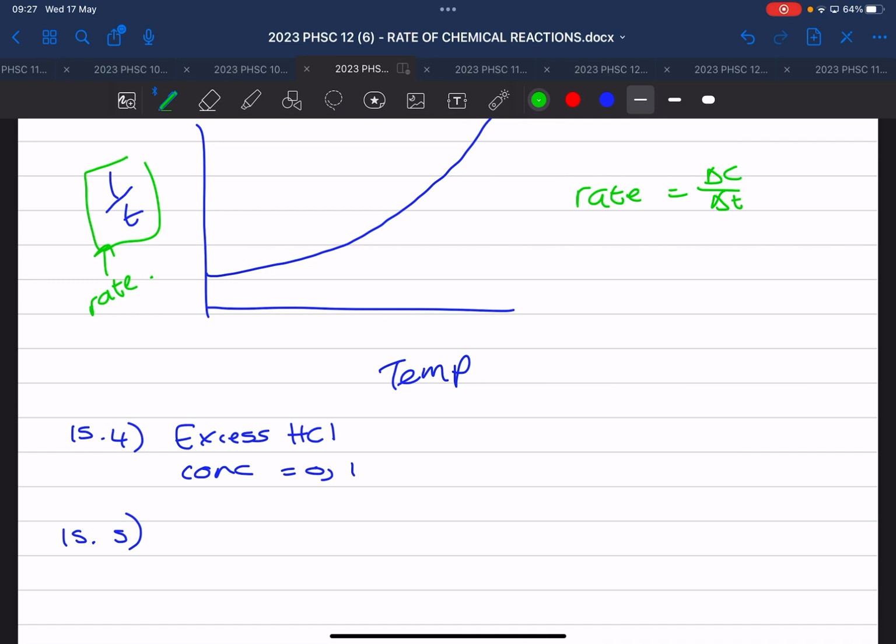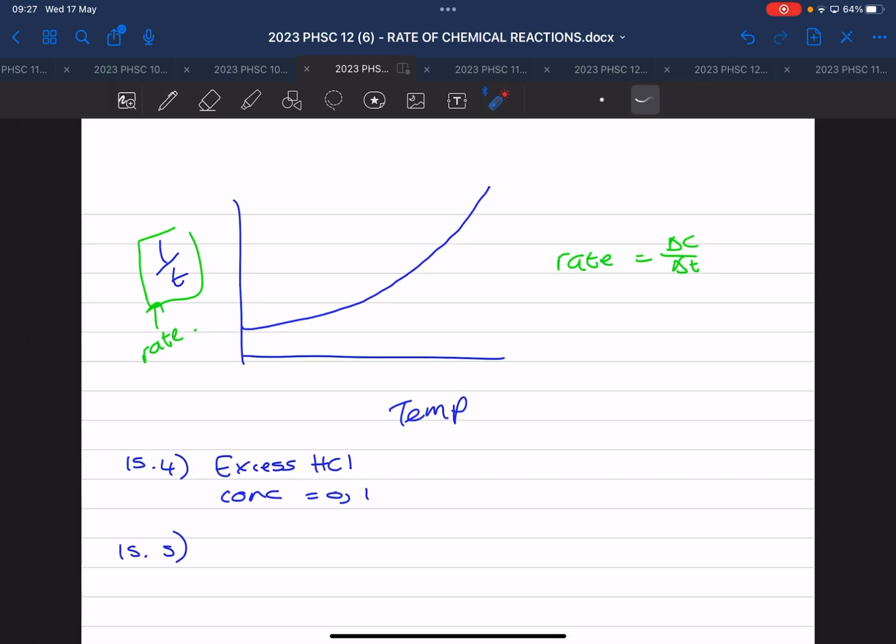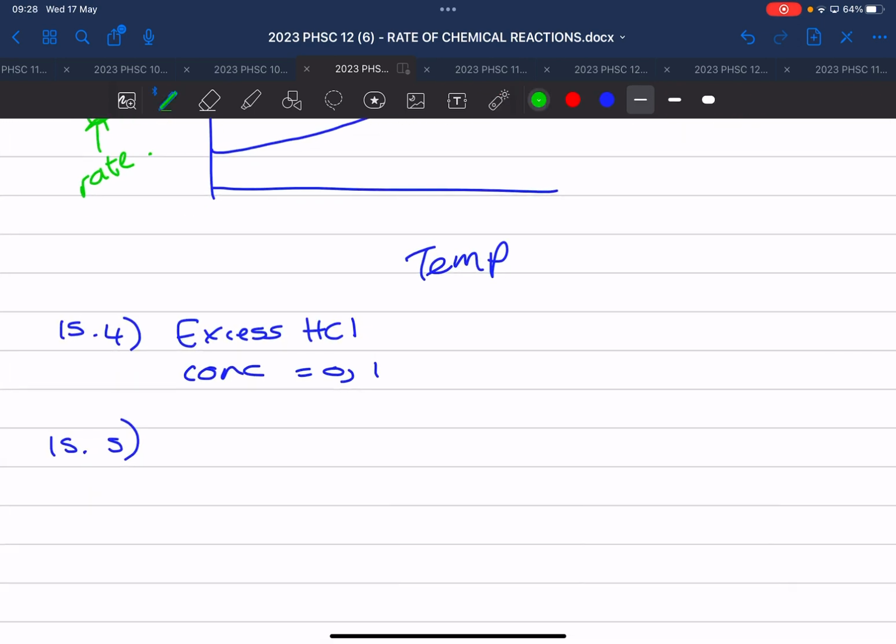So the conclusion: as temperature increases, the rate, or the 1 over time, will also increase.